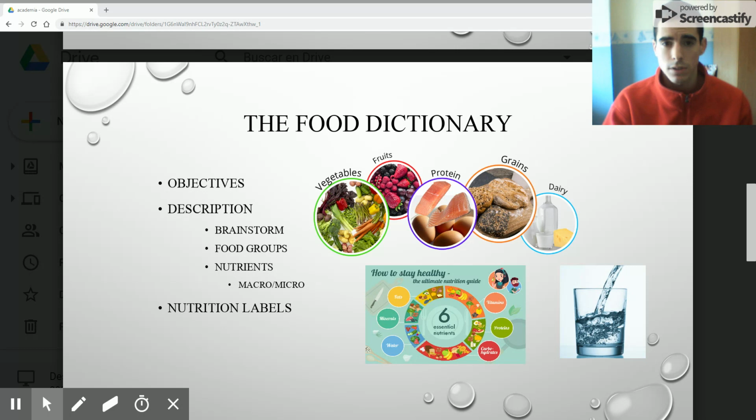Now if we focus on micronutrients, we find vitamins and minerals. Vitamins are substances with very varied structures and origins, and are essential for our health, with regulatory functions as enzymes.